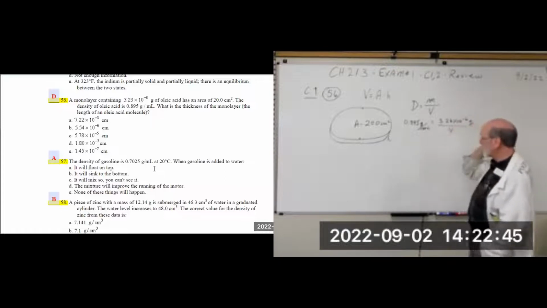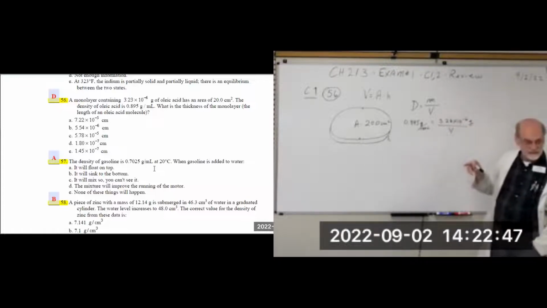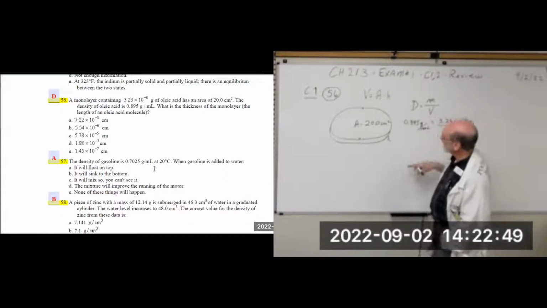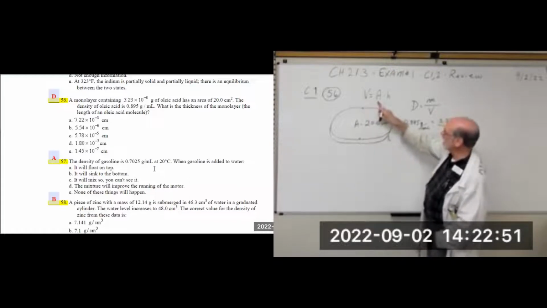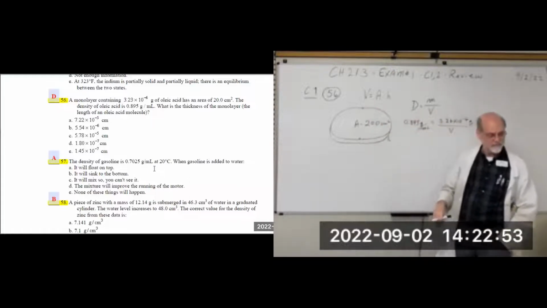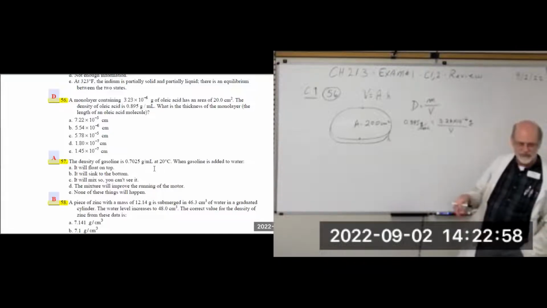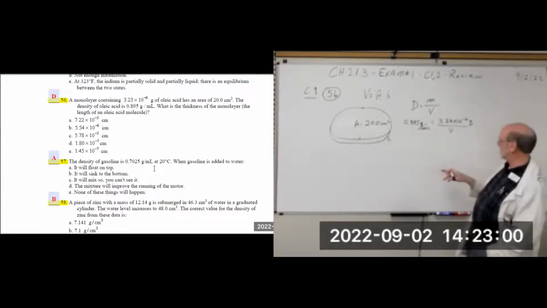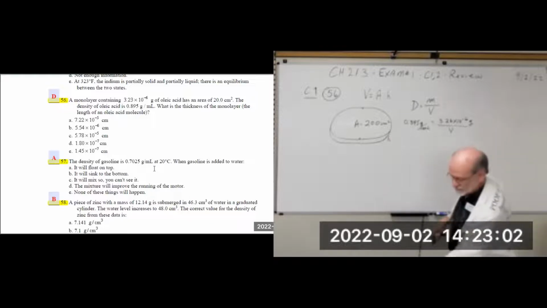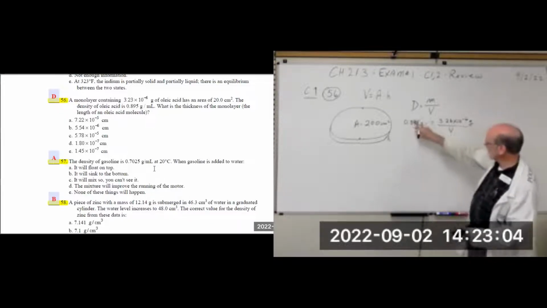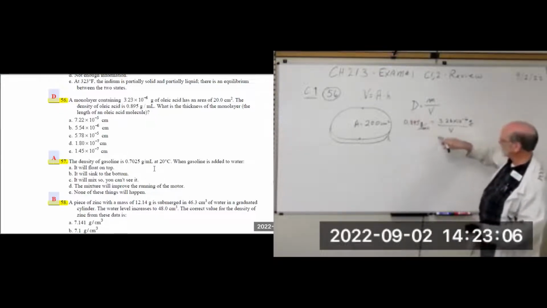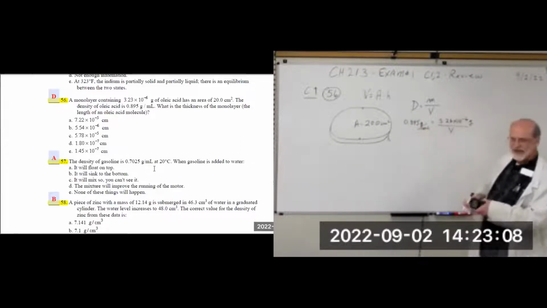There's volume. Okay, so now we can solve for the volume. And then the volume can go here. We know that. We can solve for that. All right, so what's the volume? Well, if we bring the volume over here and the density over here, we just divide the density into the mass.